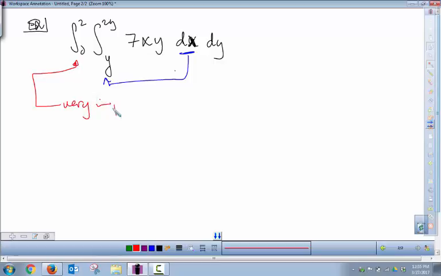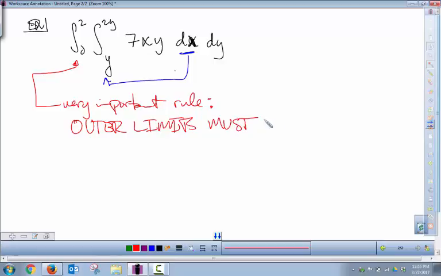Very important rule: outer limits must be constants. Okay? The variables also wouldn't make sense because you're integrating with respect to one variable and then the other variable. So the outer limits have to be constants.